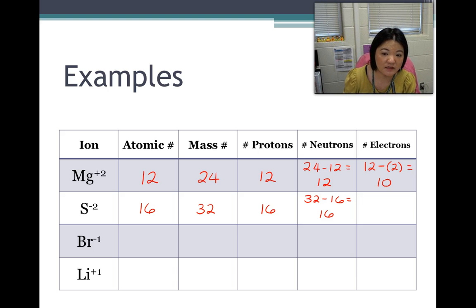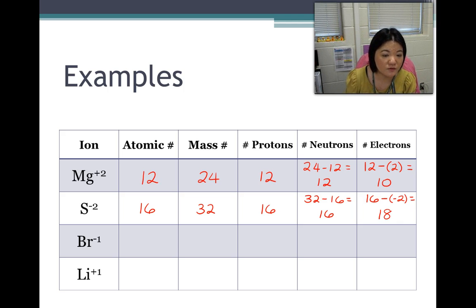Now in the electrons, remember electrons are the things that are different in ions. So we are going to take the atomic number 16 and subtract the charge. In this case, it's a negative 2. 16 minus a negative 2 is the same as 16 plus 2, so that is 18.